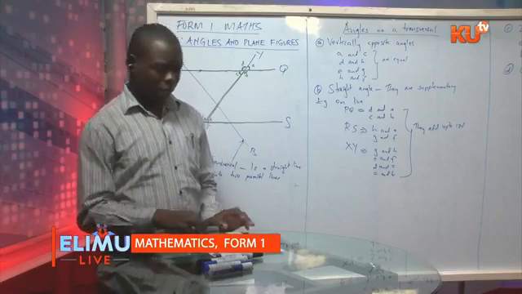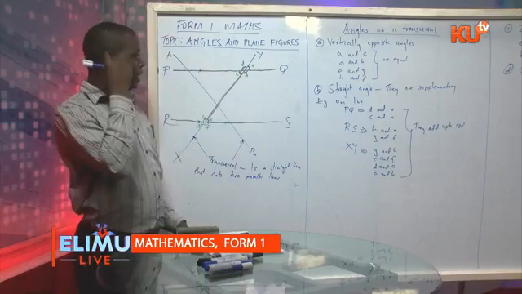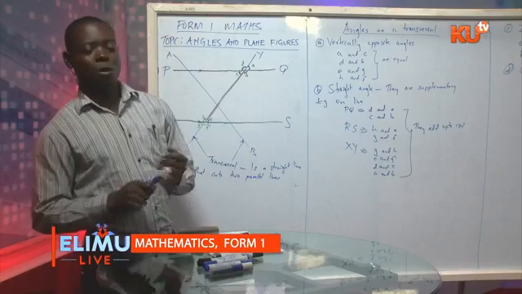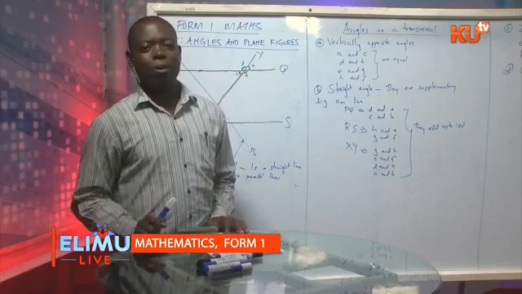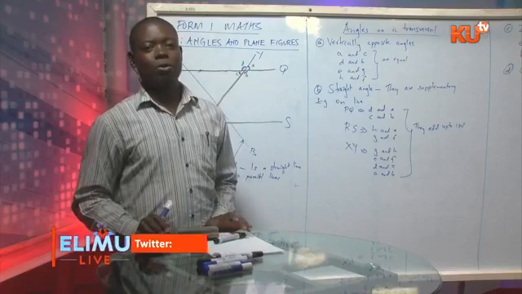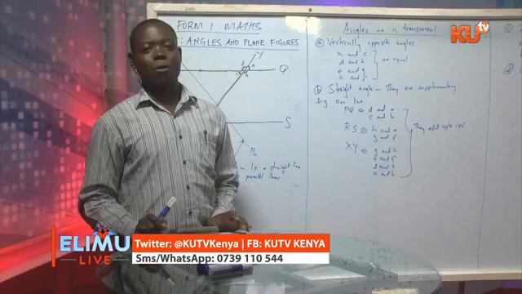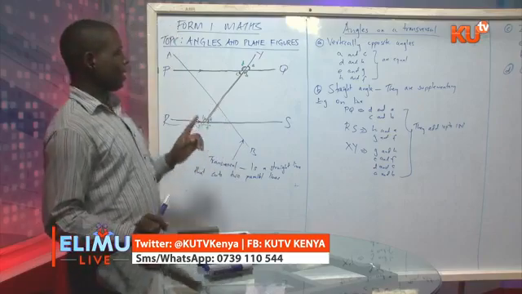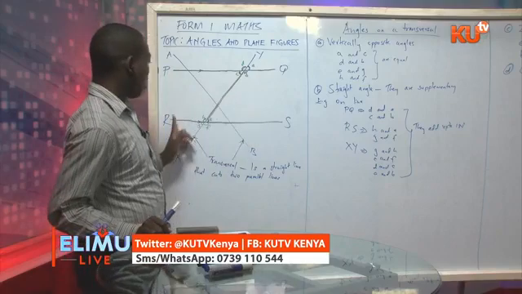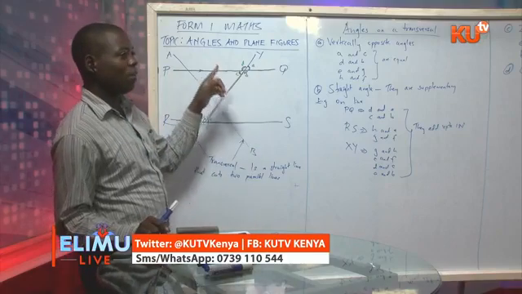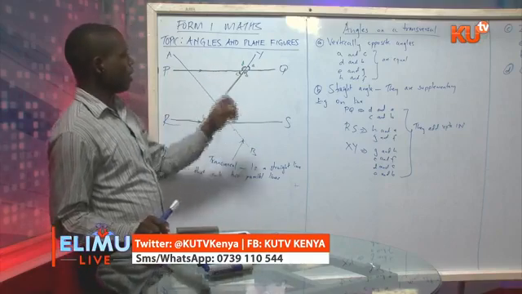If you want to identify corresponding angles correctly, the first thing you must ask yourself is, what is the line that you are considering as the baseline to determine the corresponding angle? This is what I mean, that we have two lines here, PQ and RS, and then we have the transversal.